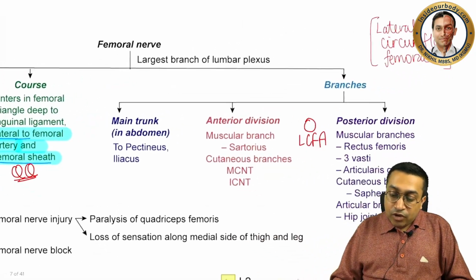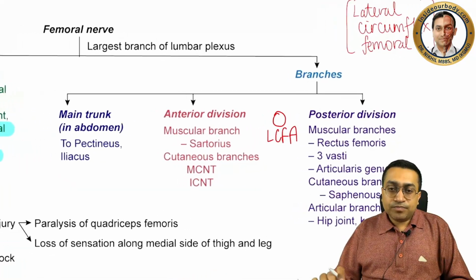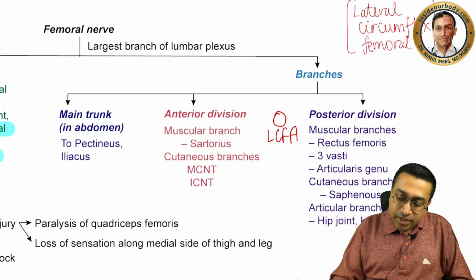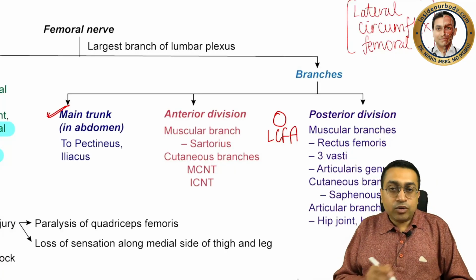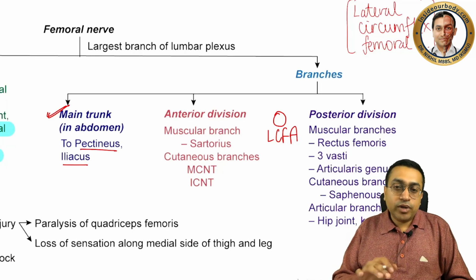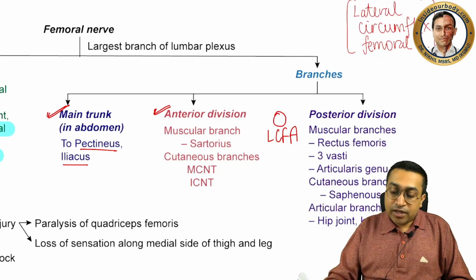And then we talk about the branches. So it gives off a main trunk, which is supplying in the abdomen the pectineus and the iliacus. There is a very important MCQ related to it, I will come to it in a while. Then you have the classical anterior division and the posterior division.